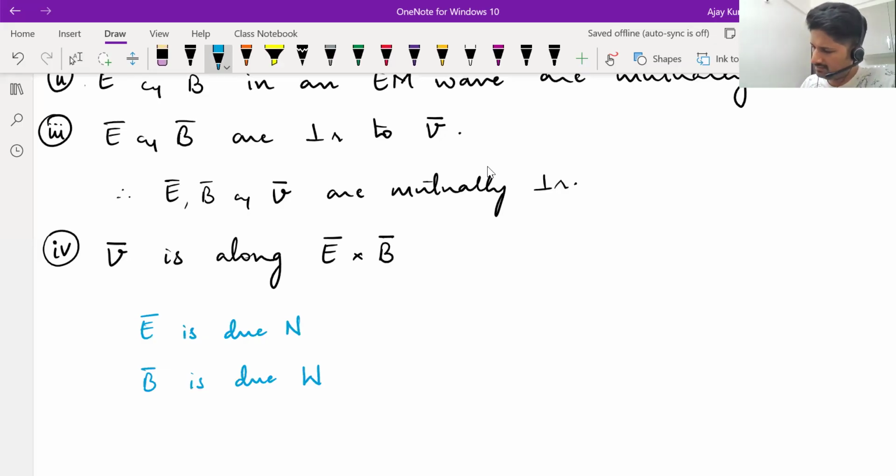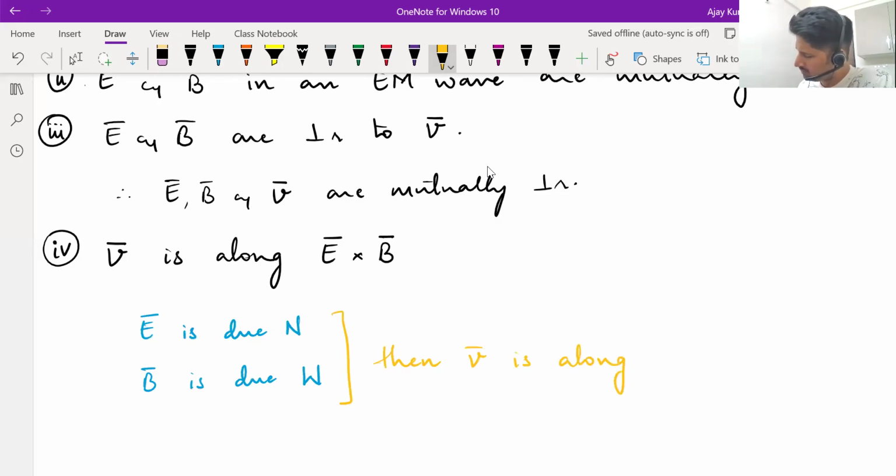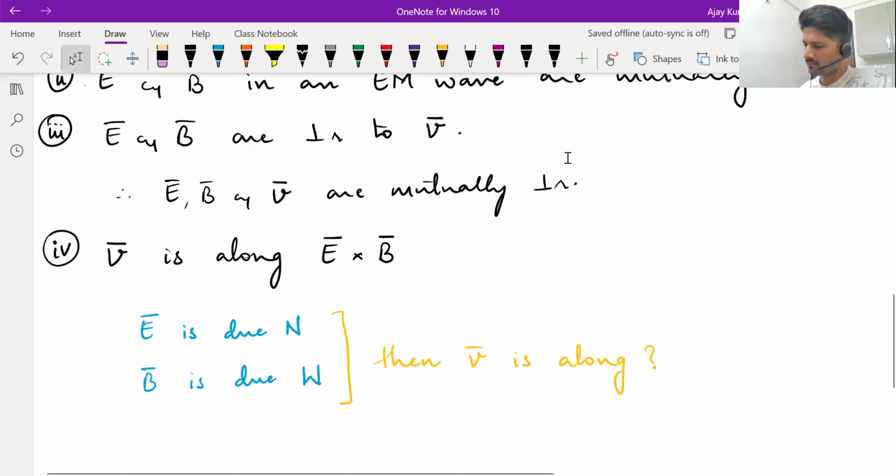Type your answers in chat. You just have to visualize the cross product properly.